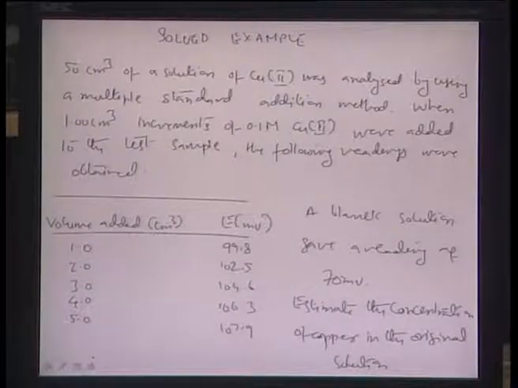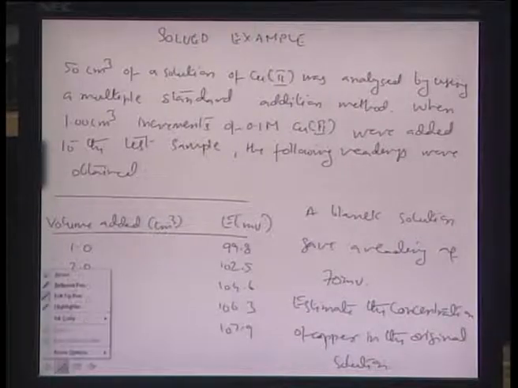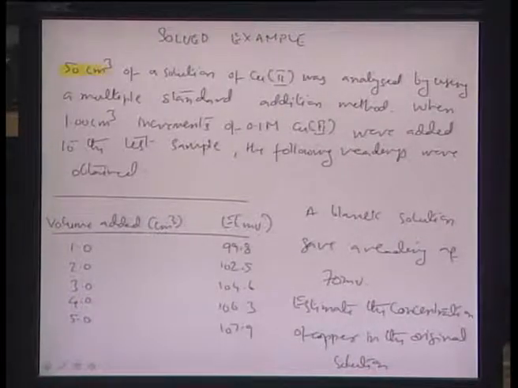In this problem, as you see, we have 50 centimeter cube of a solution. There is a copper 2+ salt solution, and this was analyzed by using a multiple standard addition method or the Gran plot method.